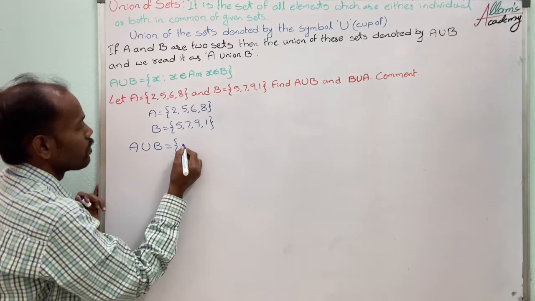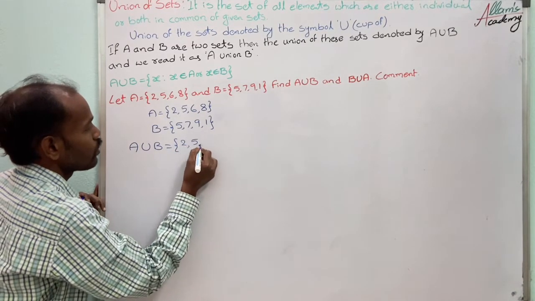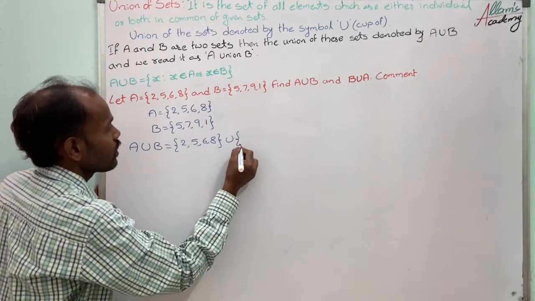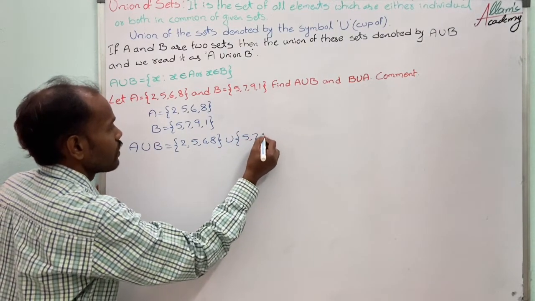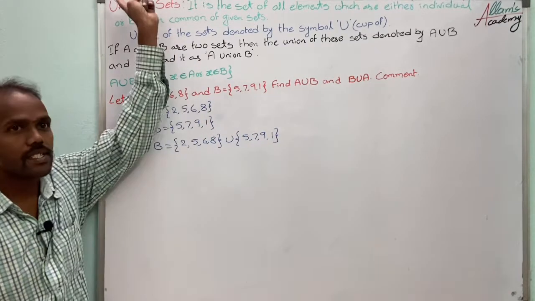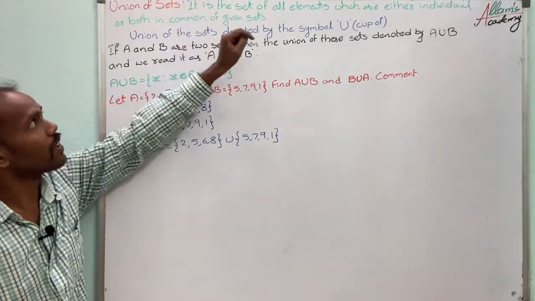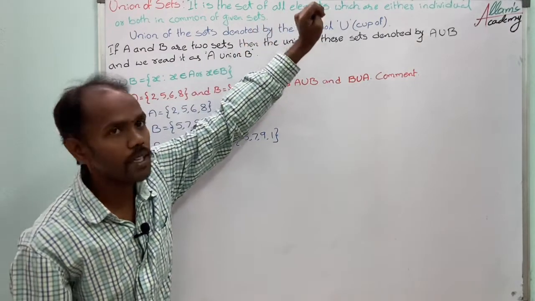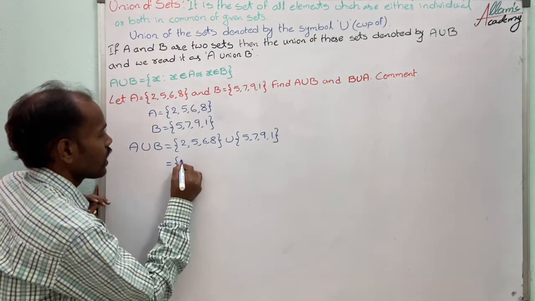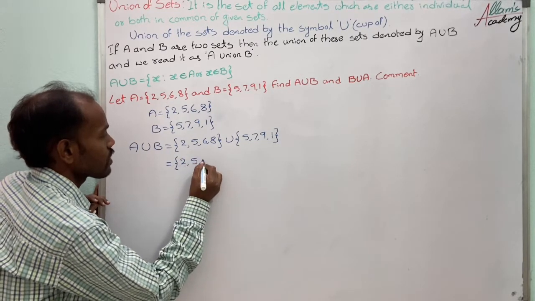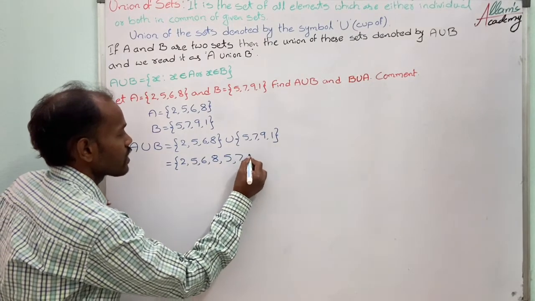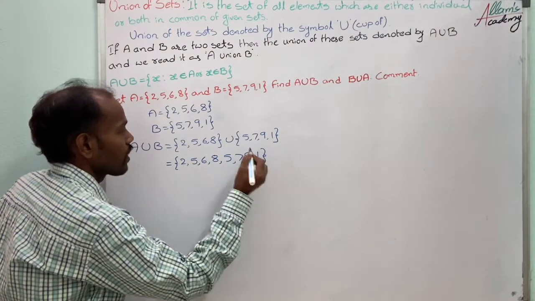A union B equals {2, 5, 6, 8} union {5, 7, 9, 1}. Now, we already said union means we write all the elements. So here we take all the elements of the given sets: 2, 5, 6, 8, 5, 7, 9, 1.